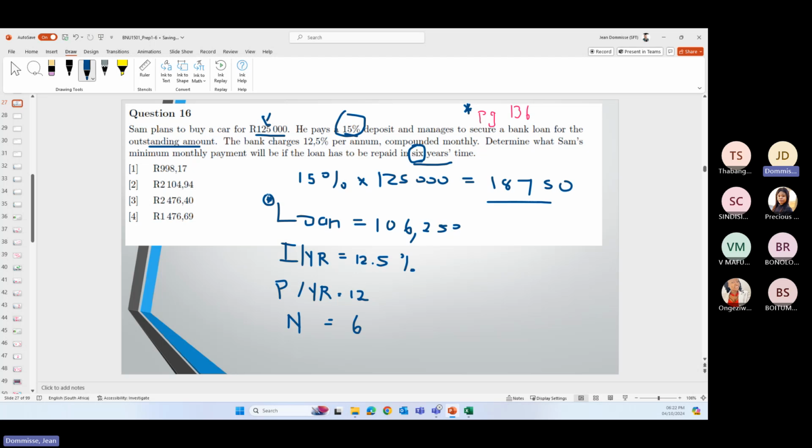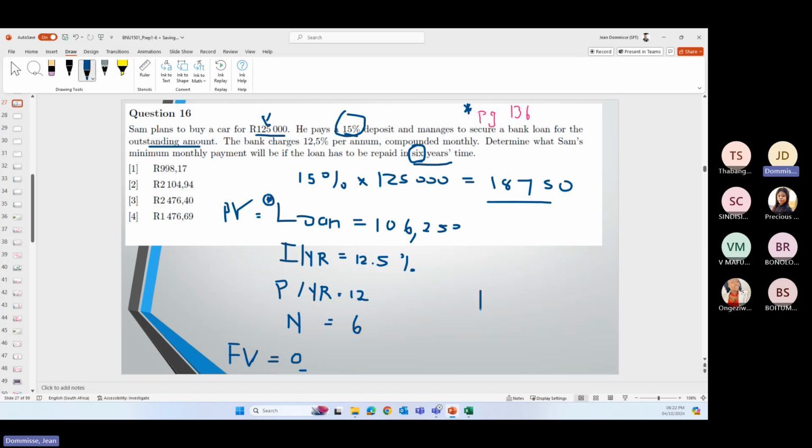Okay, so then they tell us that's the loan amount, so that will be our present value. Because we pay off the loan, our future value will be equal to 0, because after 6 years I have paid off my loan amount, so I won't have any cost left.